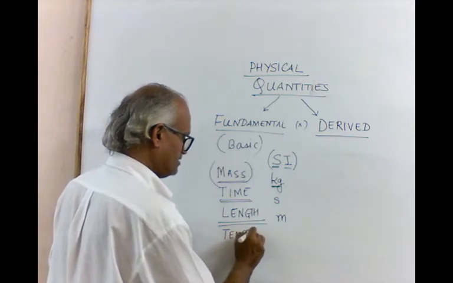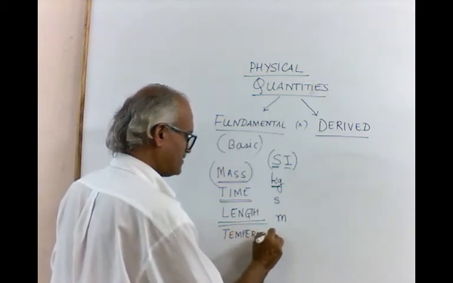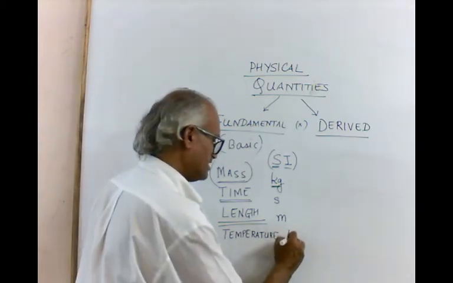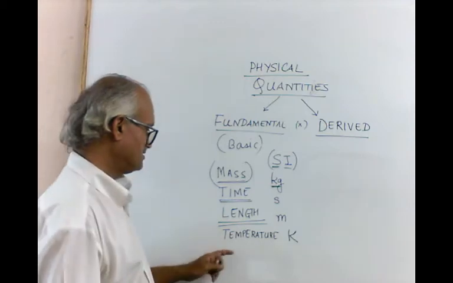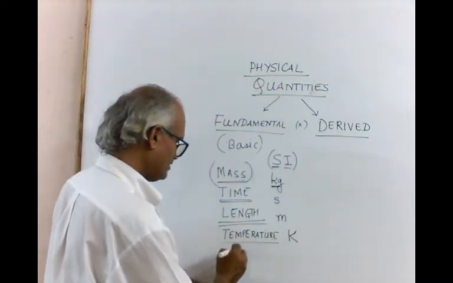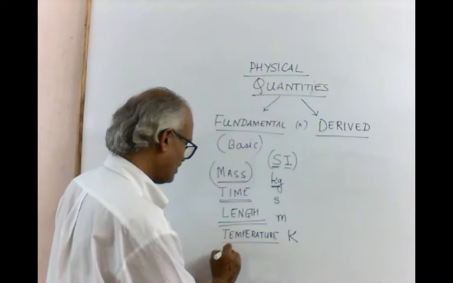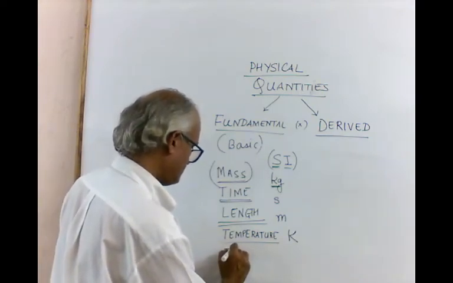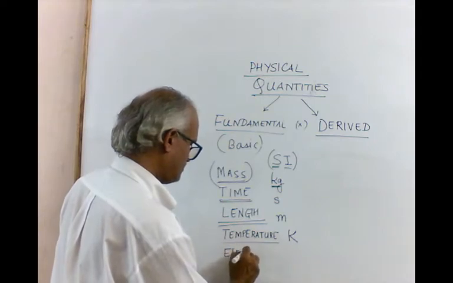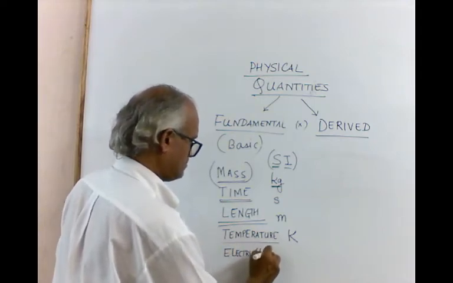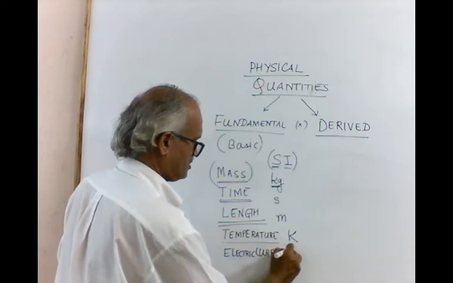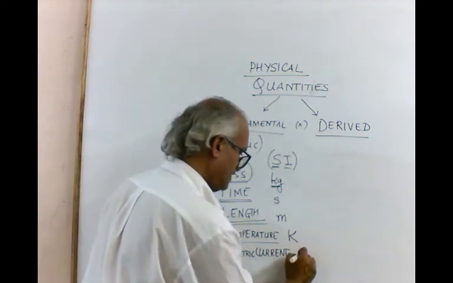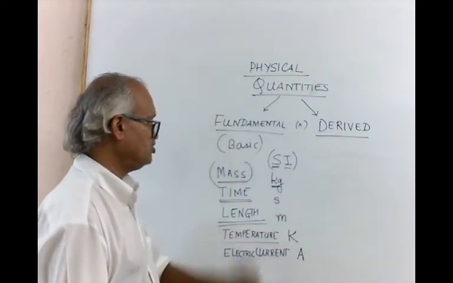Some people call it thermodynamic temperature. इसका यूनिट है केल्विन, written generally as capital K. Then you also have another quantity which we call as the electric current, which is generally measured in ampere and that is generally written as capital A. ये इसका SI यूनिट है.